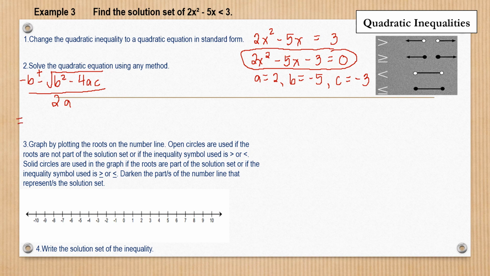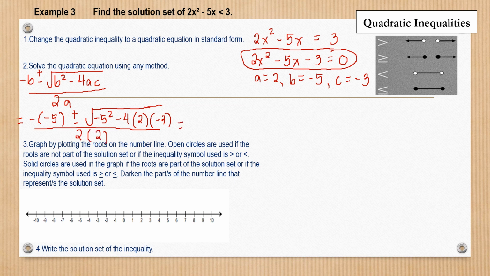So we have negative negative 5 plus minus the square root of negative 5 squared minus 4 times the value of a, which is 2, times the value of c, which is negative 3, all over 2 times a, which is 2. Let us simplify. Negative of negative 5 is 5, plus minus the square root of negative 5 squared is 25.